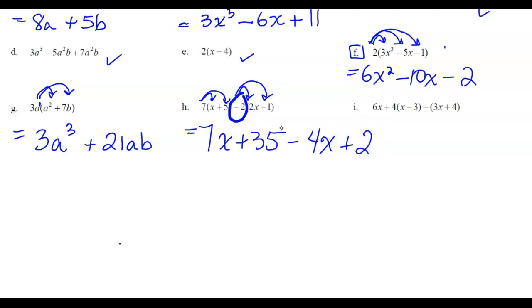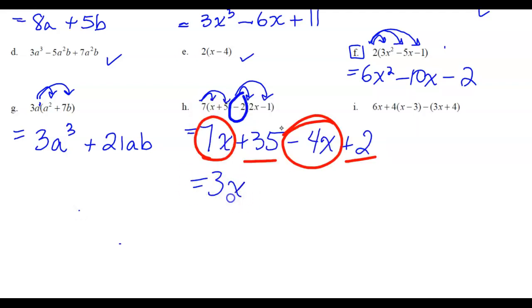Okay, now you collect like terms. So do not keep the brackets in there. Expand them out, and now we have those as like terms and those as like terms. Okay, so 7x minus 4x is 3x. 35 plus 2 is 37, so plus 37.